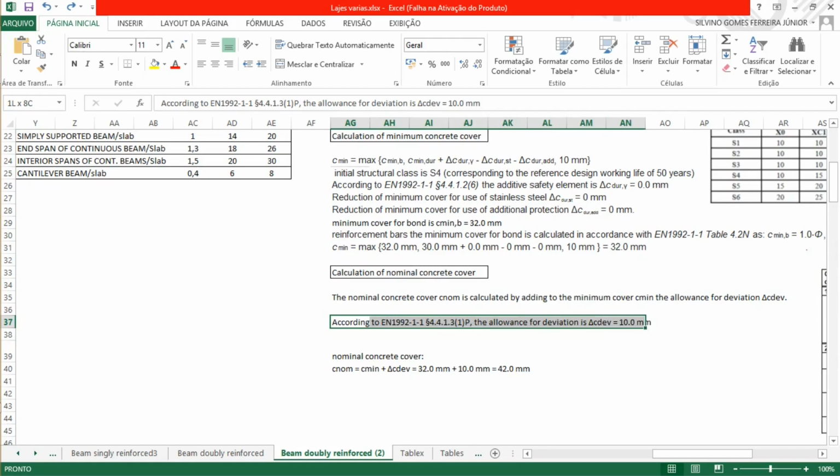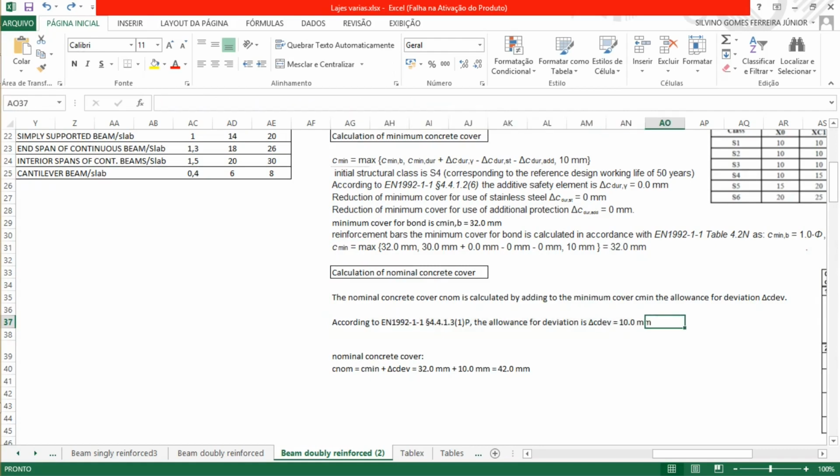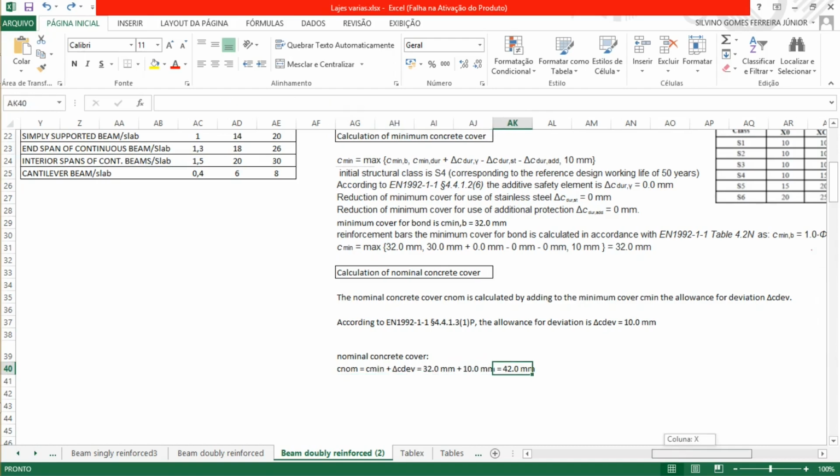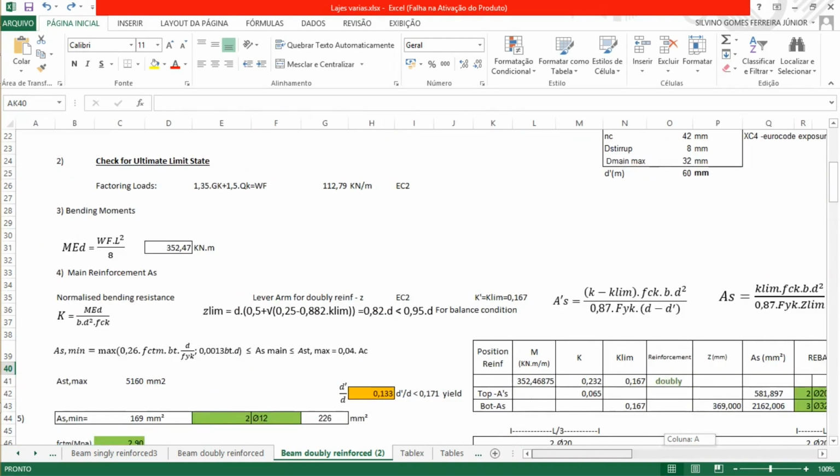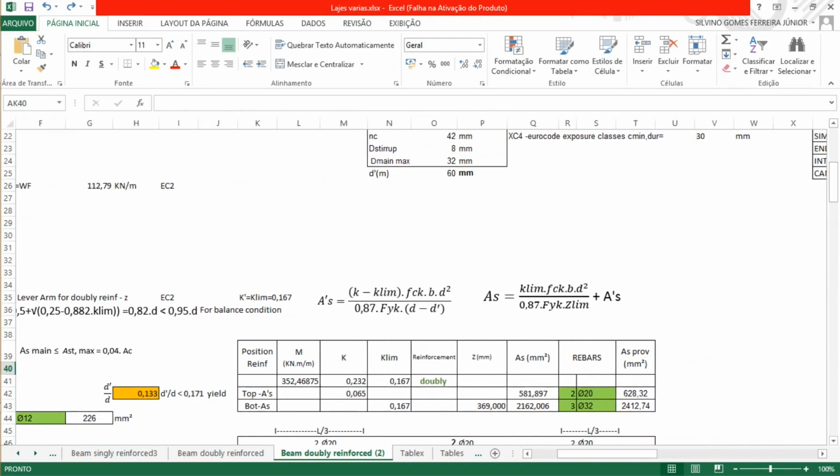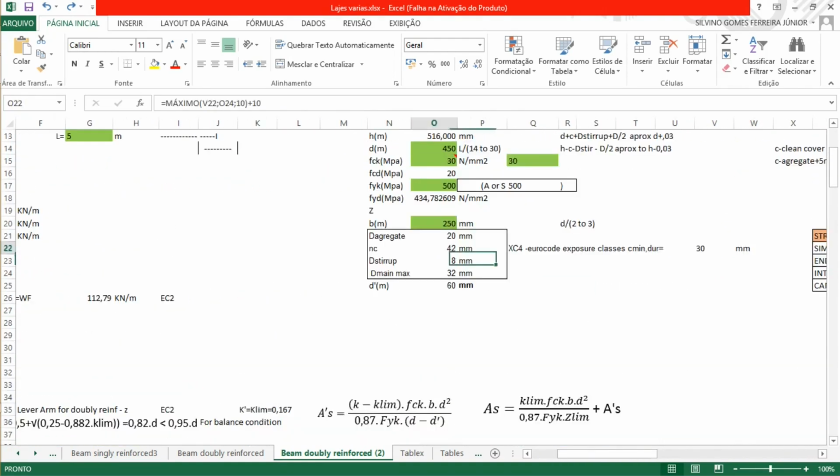So it gives us for nominal cover 32 of the rebar plus a margin of 10 millimeters, that gives us 42 millimeters. So this is how you get from Eurocode the nominal cover, 42. Usually this will give good results.